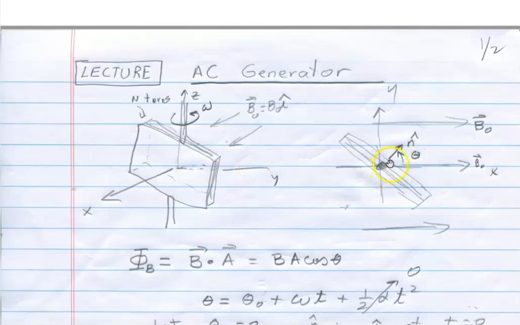I'm going to specify the normal of the coil in this direction. And B is in the positive X direction. You can see that the angle that the area vector, or the normal to the area, makes with the x-axis is theta, and also the angle that this coil makes with the magnetic field is theta.